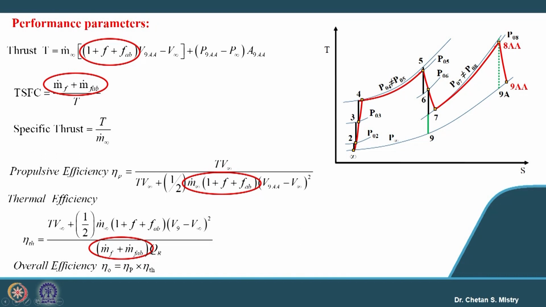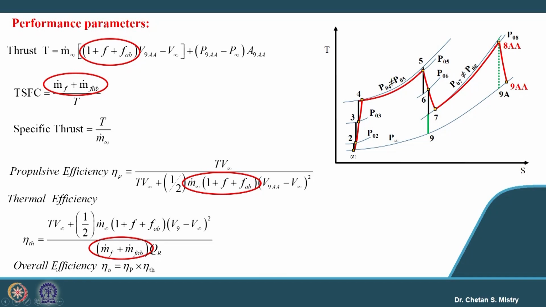And we can calculate our overall efficiency, which is given in terms of propulsive efficiency and thermal efficiency. So, I am sure this will give you the confidence in doing cycle analysis for a 2-spool turbojet engine with afterburner.